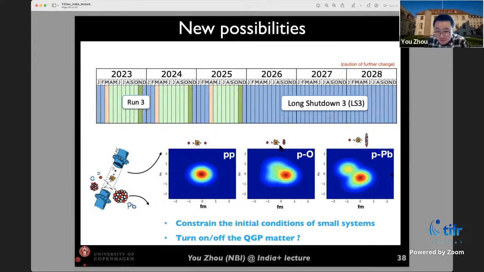So if you change from proton to oxygen to lead, the initial geometry is not the same. We hope we can perform a kind of geometry scan at the LHC in Run 3, and better understand the initial conditions of small collision systems. Furthermore, we want to see if we can understand the turn on and turn off of QGP production in small collision systems.